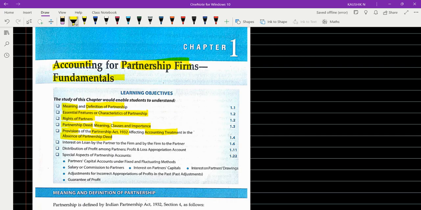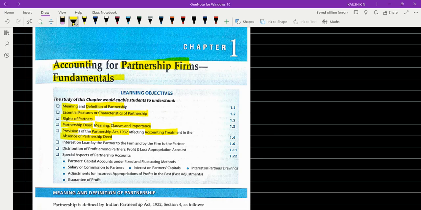If you don't have a partnership deed, then you will not have certain privileges, or certain items will not be either allowed or will not be charged. We are going to see what those are. There is a list of 5 to 6 items which will not be allowed or which might be allowed if the partnership deed is not available.